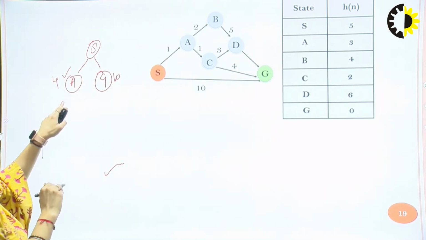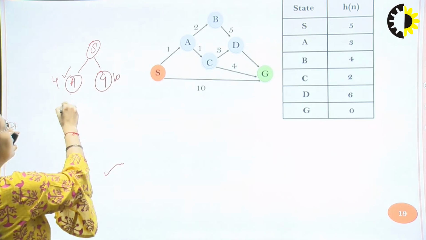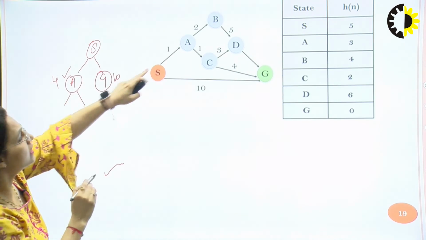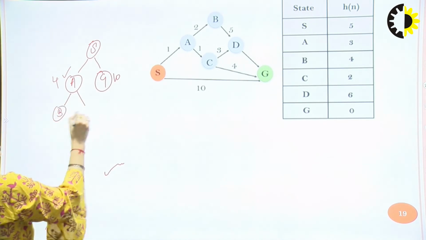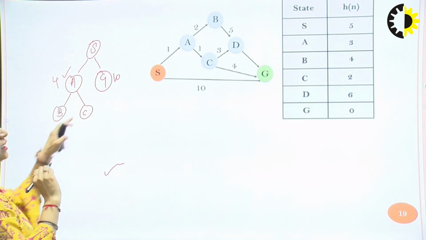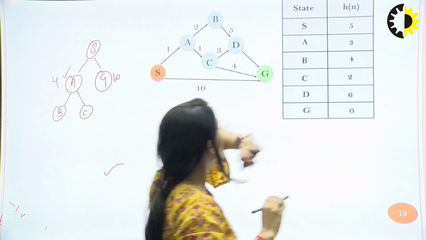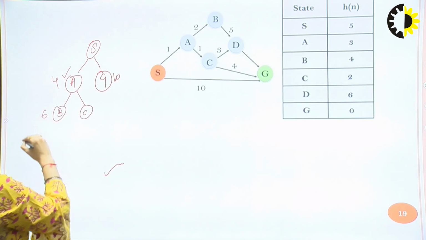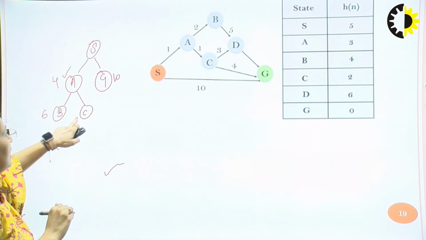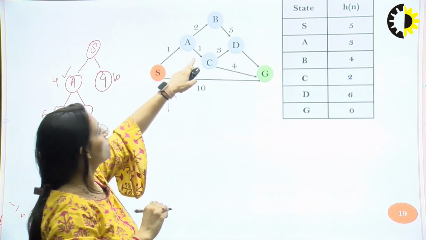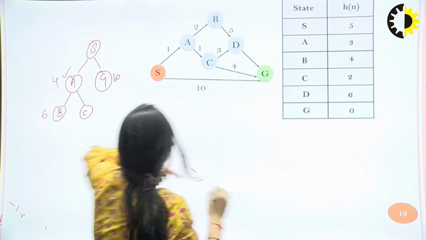Then expanding my search, A has some successors in the form of B as well as C. Calculating this, for B, Gn is equal to 2 and B to G is 4, that is 6. So Fn is equal to 6 here. And in the case of C, Gn is 1 and Hn is 2, that is 3.